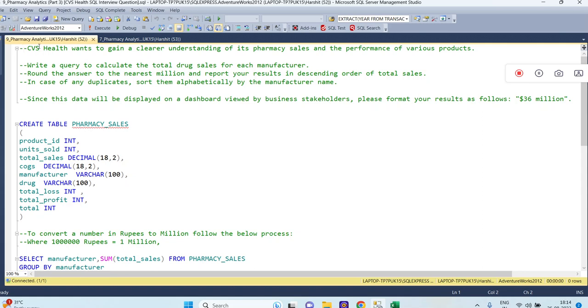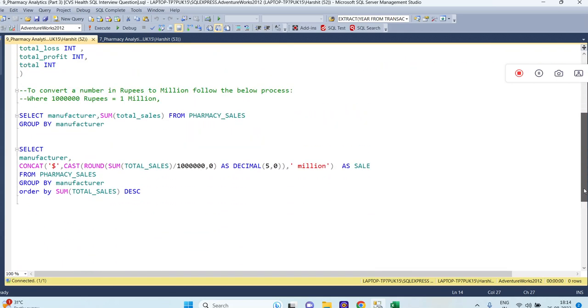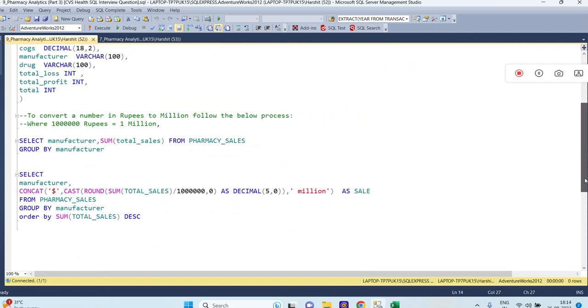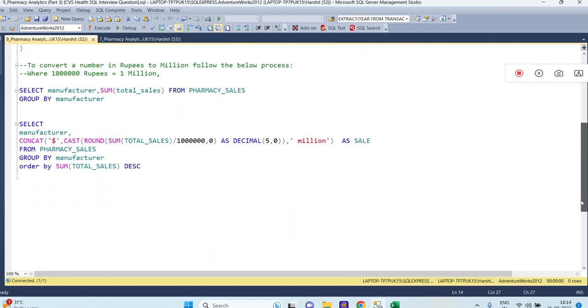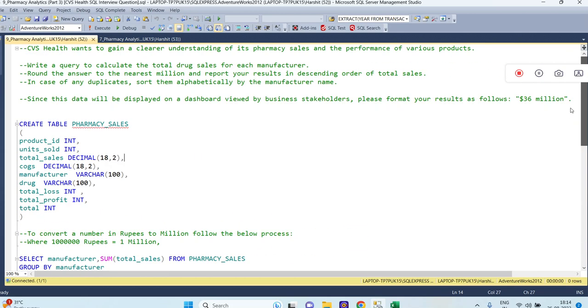Whenever you find this kind of word like each manufacturer or each product category or each product subcategory, then you have to understand one thing.